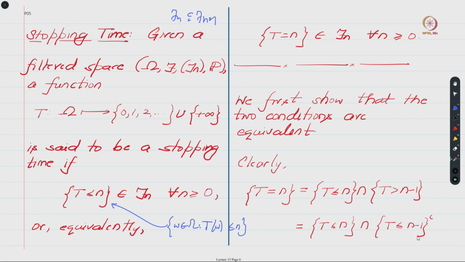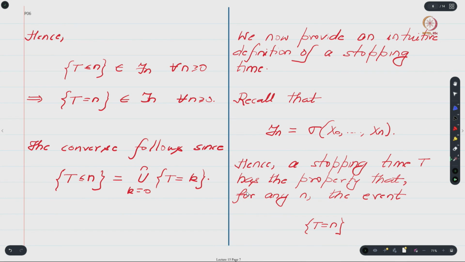So now one can ask, what is the utility of expressing T equals n in this fashion? Now we have been told that this belongs to F_n, and similarly this belongs to F_{n-1}, and since this is a subset of F_n, both these events belong to F_n, and since F_n is a sigma field, if two events belong to F_n, then their finite intersection will also belong to F_n, and from this one can conclude that T equals n also belongs to F_n.